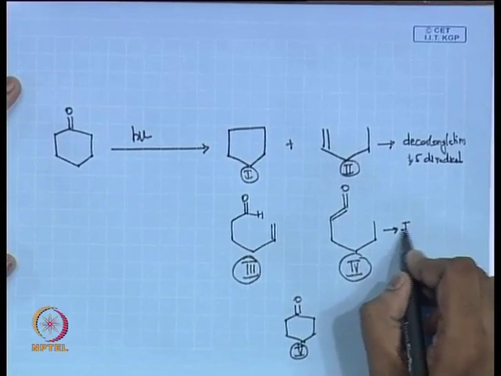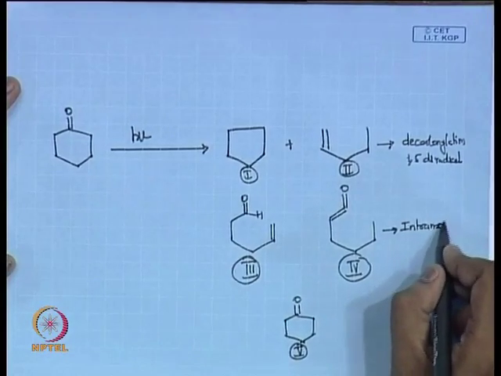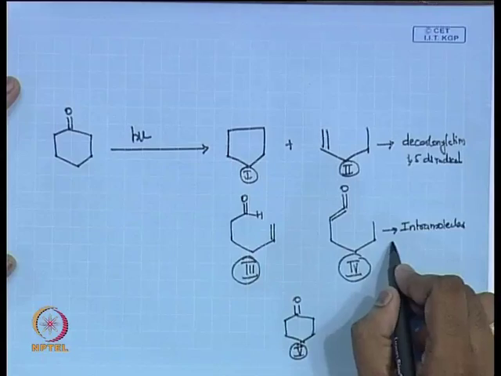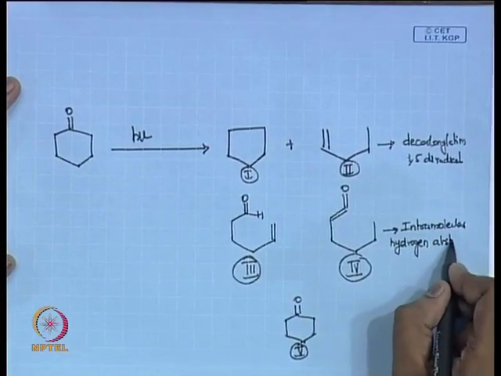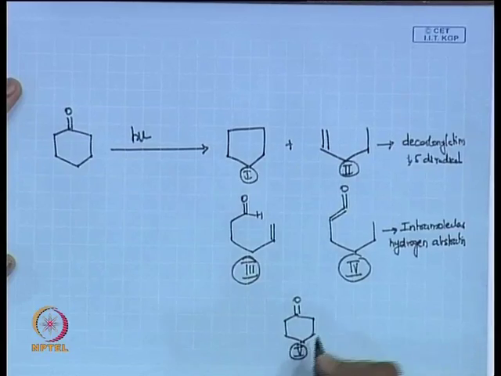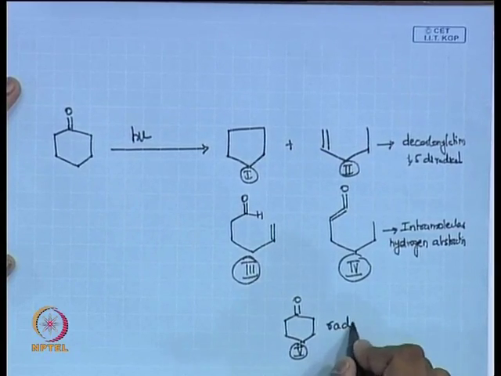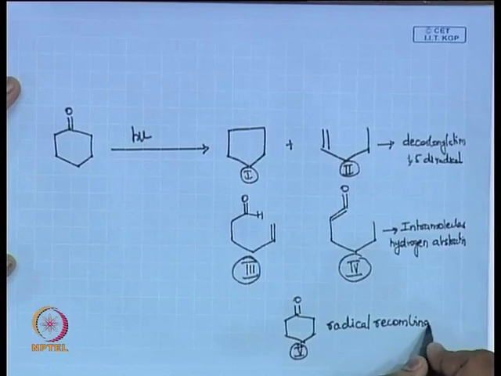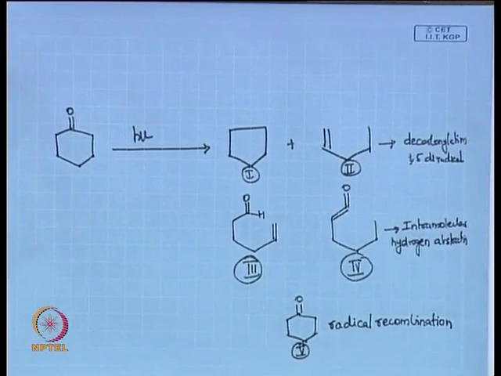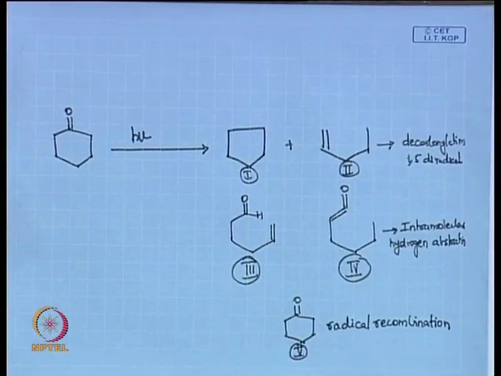This is your intramolecular hydrogen abstraction, and this is from radical recombination. So, I can get like 5 products, fine.